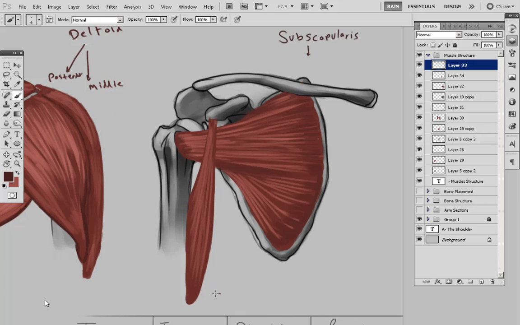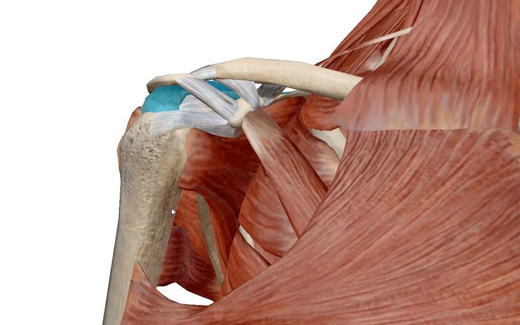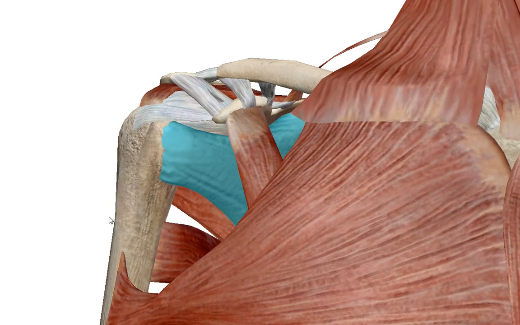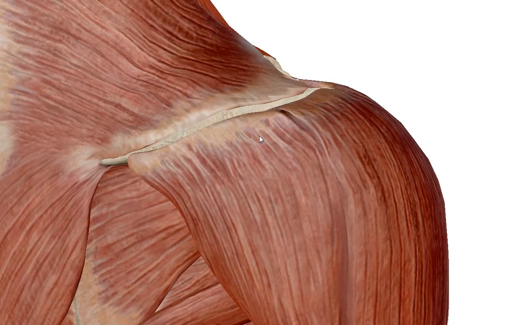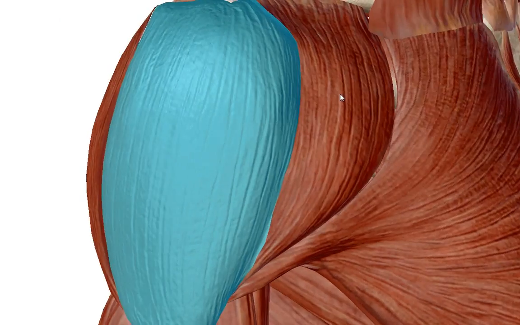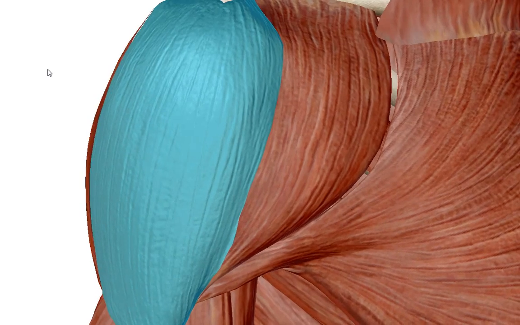Now let's see these muscles in 3D from the other side. This inside here is the subscapularis. Of course, it's covered by the pecs, by the deltoid, by the trapezius. This is the deltoid, the posterior, the medial. The bigger part is the medial. We have the anterior covering.